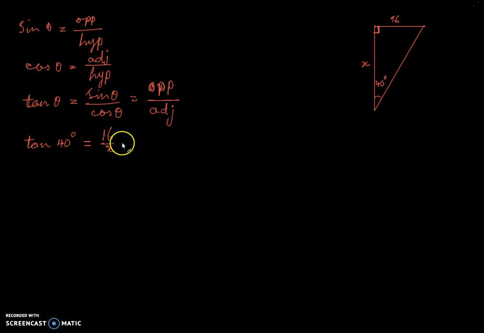So this means that x into tan 40 degrees is equal to 16, or x is equal to 16 divided by tan 40 degrees. So that's basically the value of x.